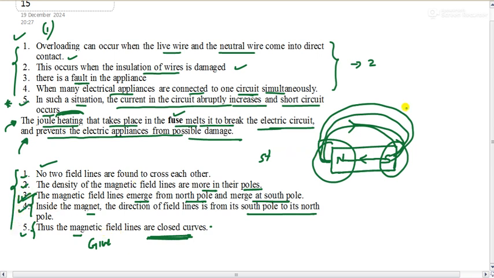They emerge from north to south pole outside, and inside the magnet the direction of field lines is from south to north pole, and since no two lines cross each other, we can say it forms a closed curve. Got it, guys? Have you understood?